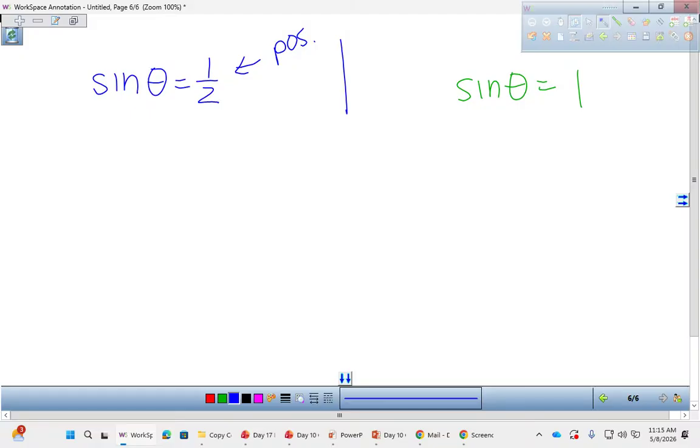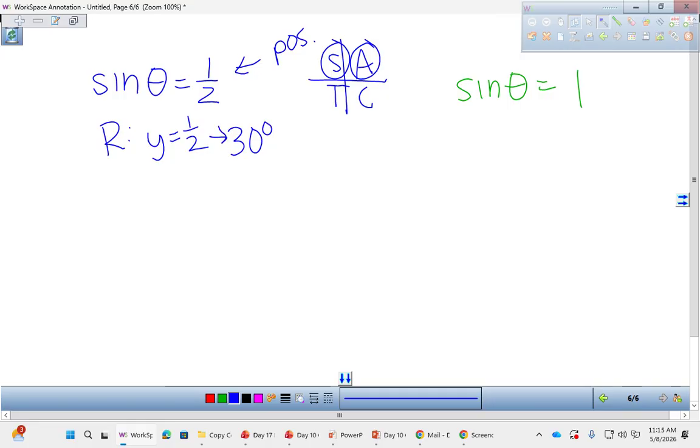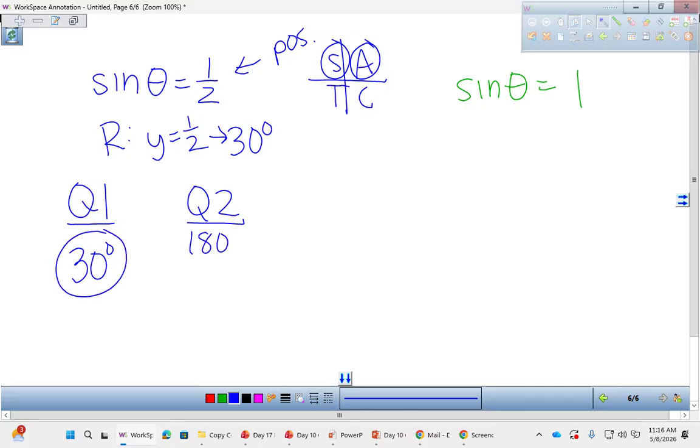And since it's positive and it's sine, I know my answers are going to be here. And since it's 1/2, which is something that's in quadrant 1, I'd find my reference angle by looking for where y is 1/2. I'm just looking at the backboard for this, but the y value is 1/2 at 30 degrees. You'll have one in front of you. Looking at those coordinate points, the y value is at 30 degrees, and then I would do a 30-degree angle in these two places. Quadrant 1, it stays the same. And in quadrant 2, I do 180 minus.